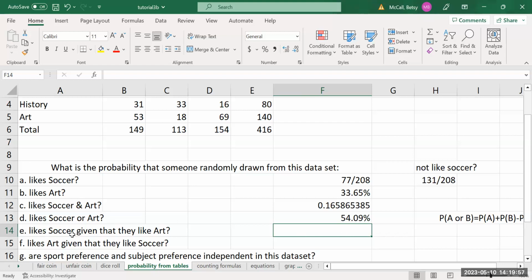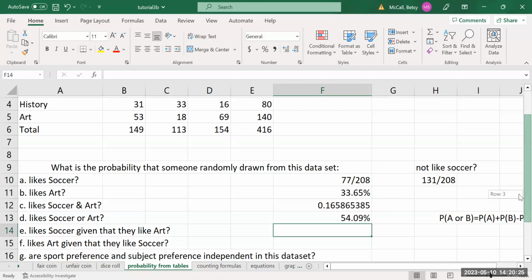What about they like soccer given that they like art? Okay, now the given is that clue in the statement that this is now a conditional probability. And when we go to conditional probabilities, we can no longer use the 416, the grand total, as our denominator. We have to change the denominator to just include what is given.